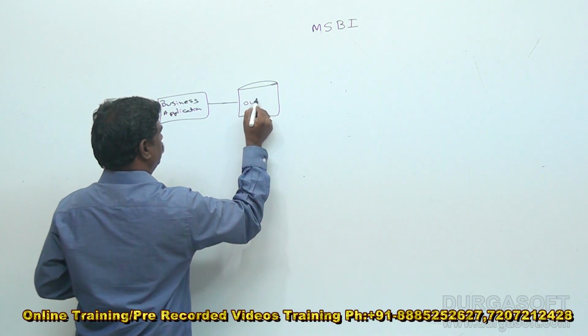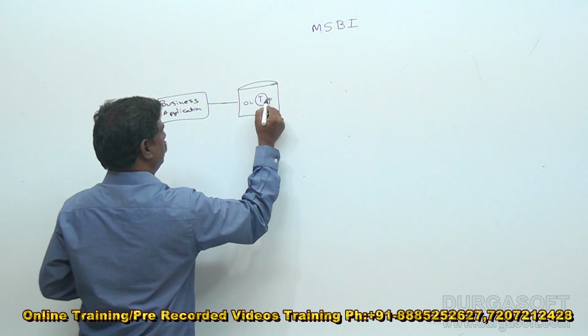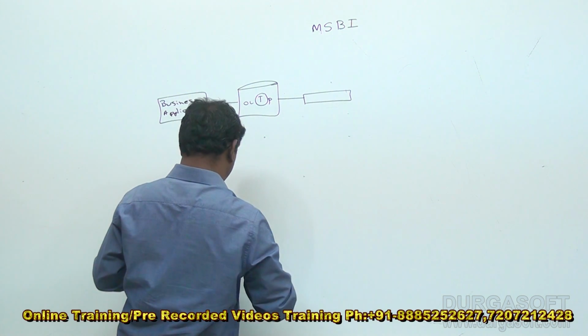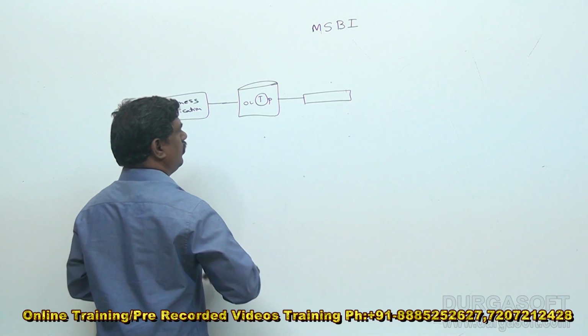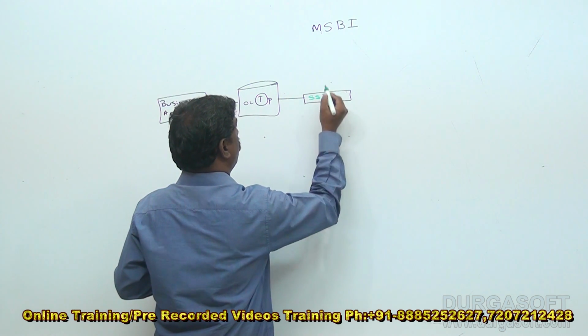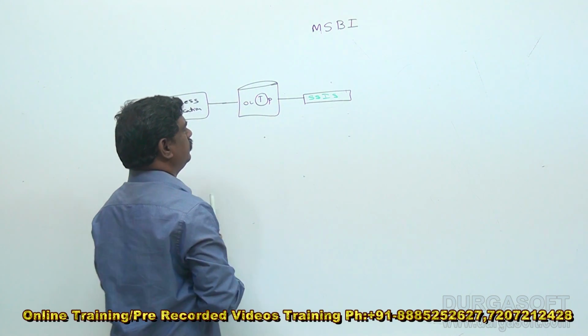So here we have something called an OLTP, and here we have a module called SSIS, a component of MSBI.